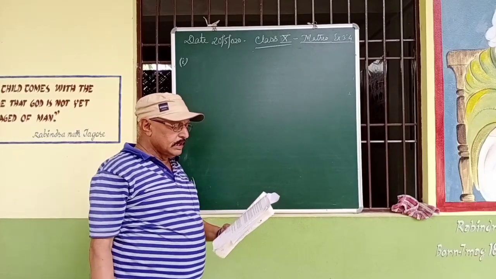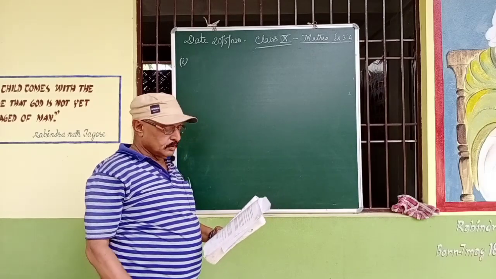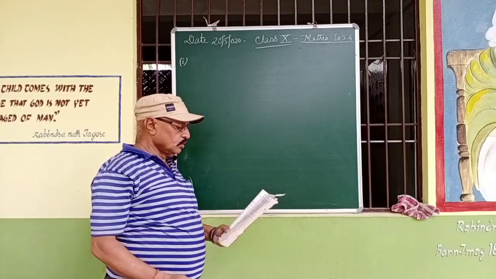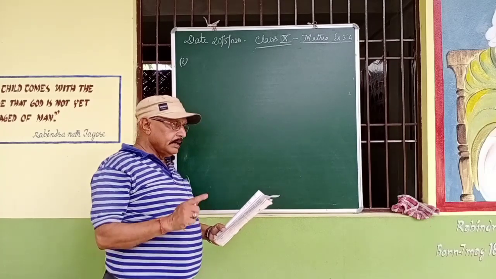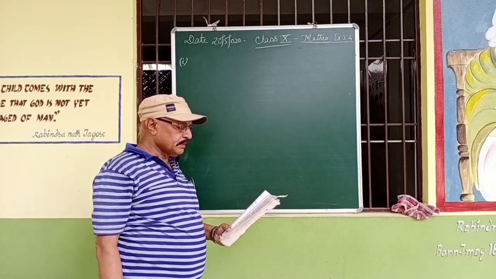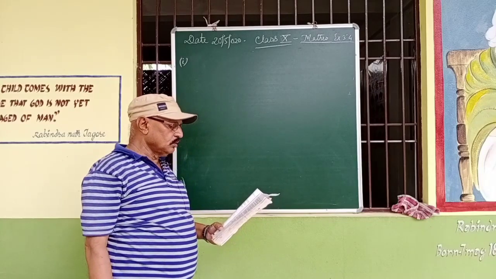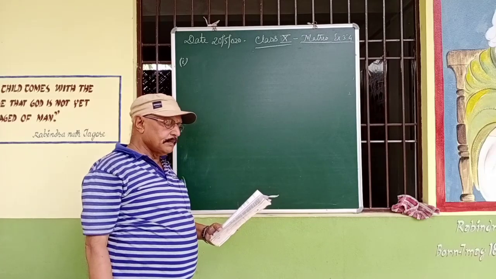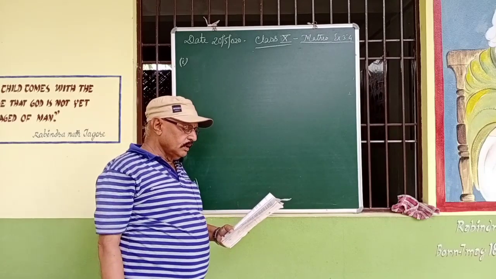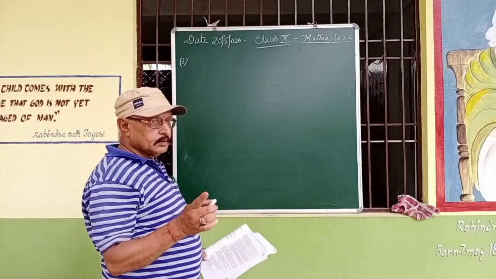Form the pair of linear equations in the following problems and find their solutions by elimination method. So, one question is, if we add 1 to the numerator and subtract 1 from the denominator, a fraction reduces to 1. It becomes half if we only add 1 to the denominator. What is the fraction? So, what is the fraction question?